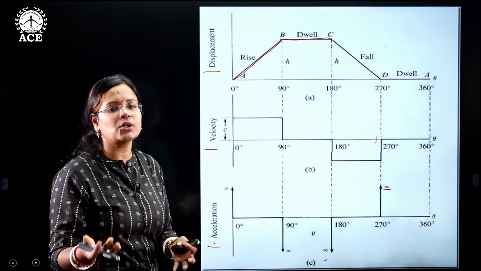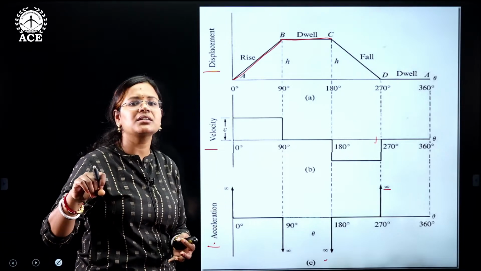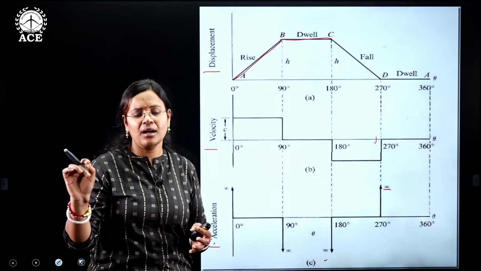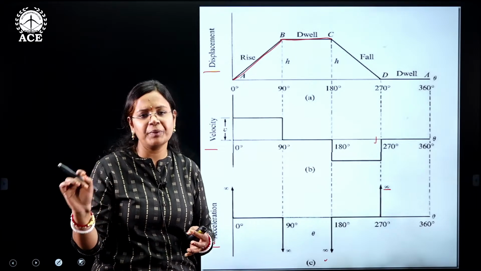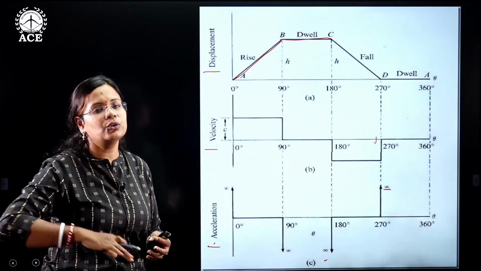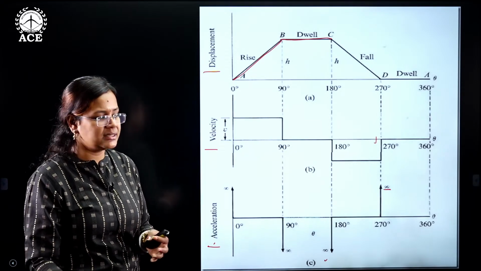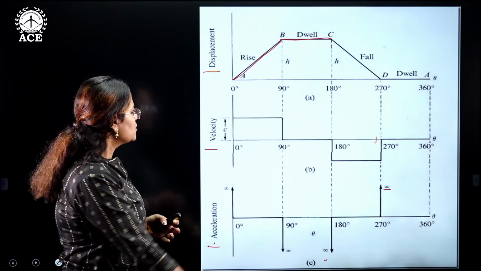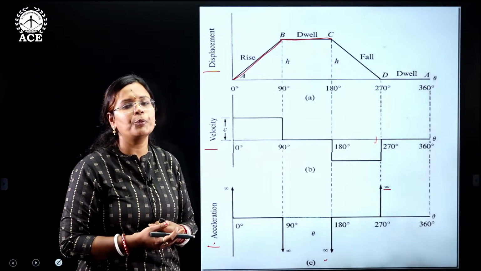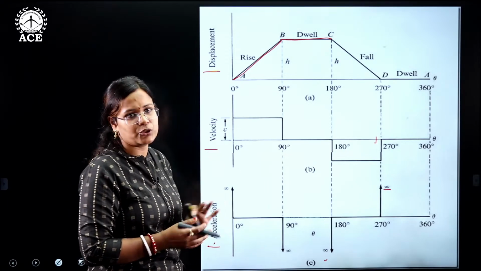Of course not, right? It is obvious that you have to gradually increase the speed and then reach a particular or peak speed. If you start the vehicle and raise it immediately, you will not reach the peak velocity at once. So this is nothing but a hypothetical or theoretical approach to the velocity and acceleration diagrams.